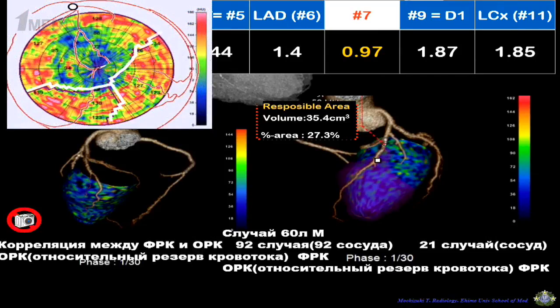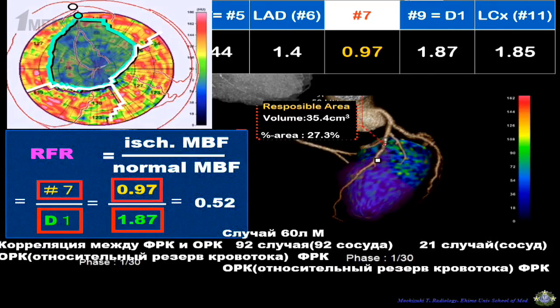So if you use the whole LAD territory, such as segment 6, the myocardial blood flow is borderline. But if you measure the segment 7 area, it is significantly ischemic.